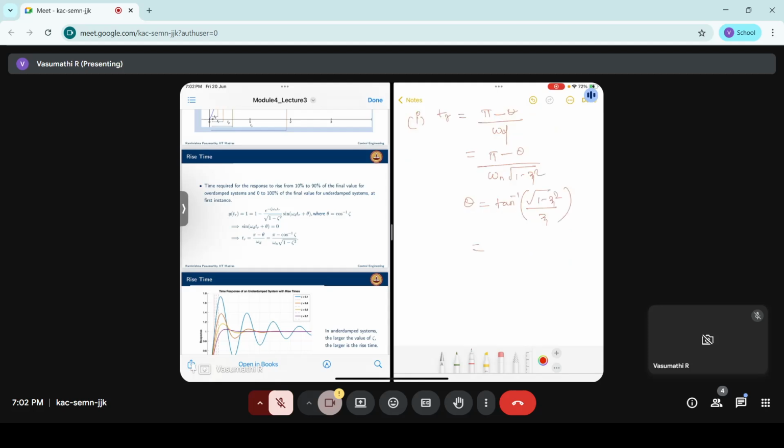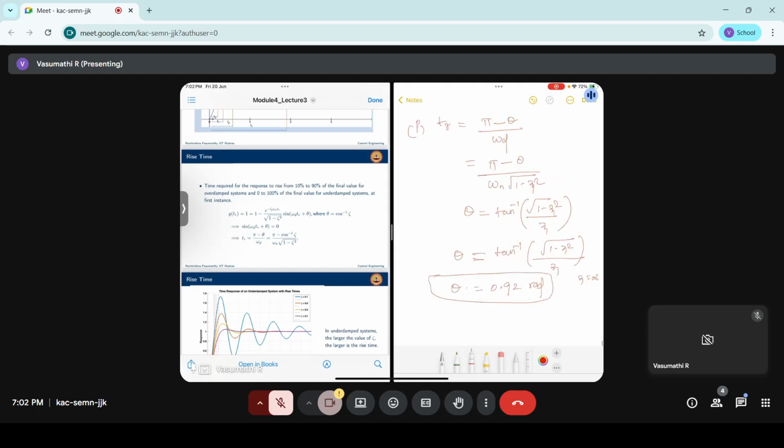Just use the calculator. I don't have a calculator right now, so let me check once in my notes. If you calculate this value, you would get root of, this root will be only for the numerator, okay? And instead of zeta put 0.6, you will get something like 0.92 radians. Theta will be equal to that.